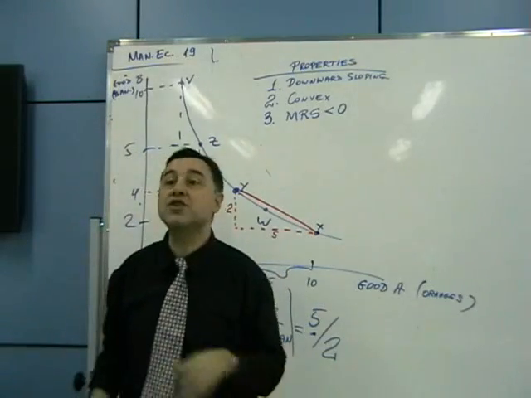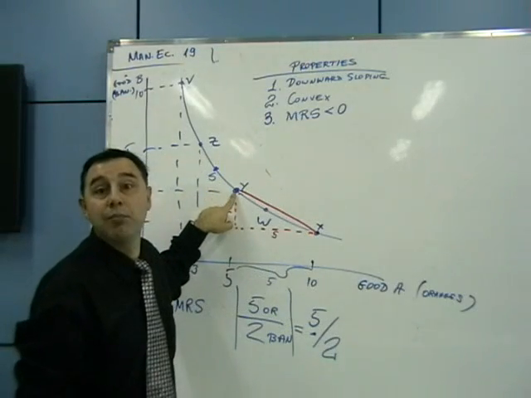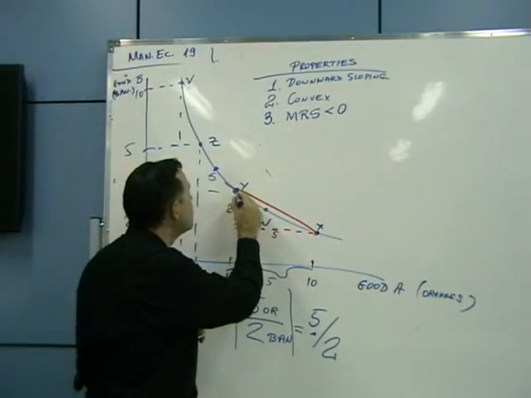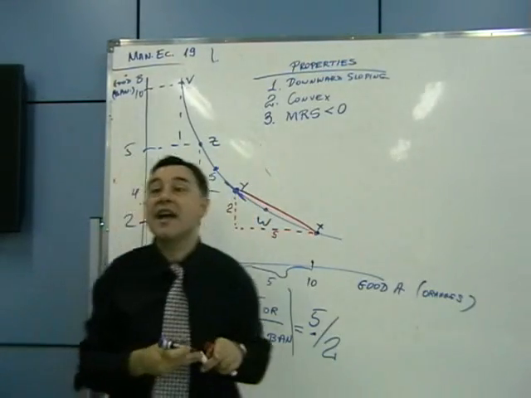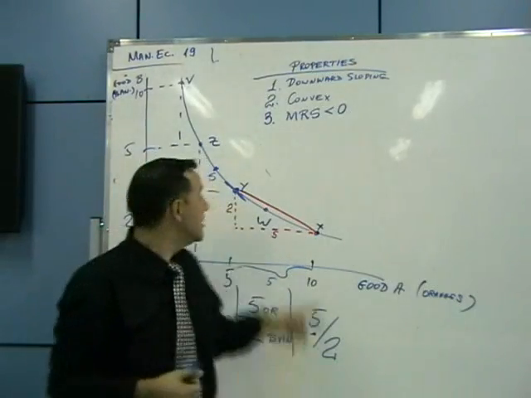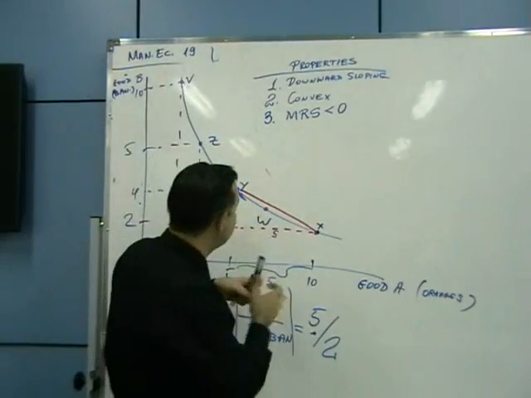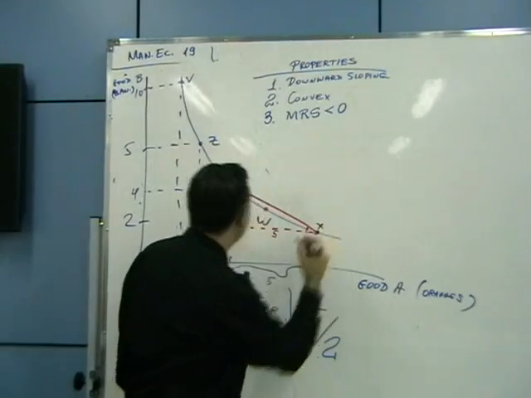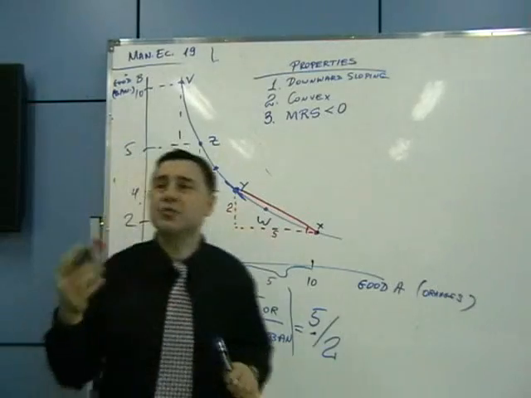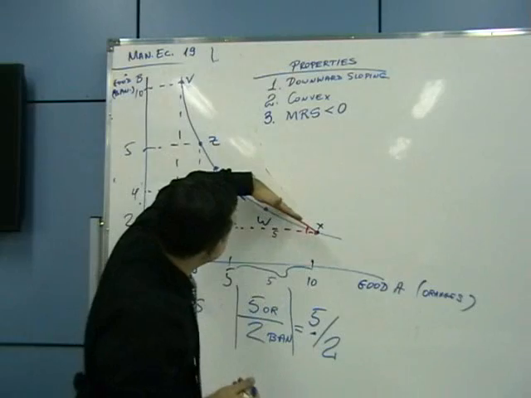And the alternative is to compute the marginal rate of substitution for a particular point. And for a particular point, the marginal rate of substitution will turn out to be the angle of the tangency. In other words, it is the tangency. Well, in this particular case, 2 by 5, of course, is this particular tangency over here. All right? So, if I have to be correct between y and x, you see, this is a line.